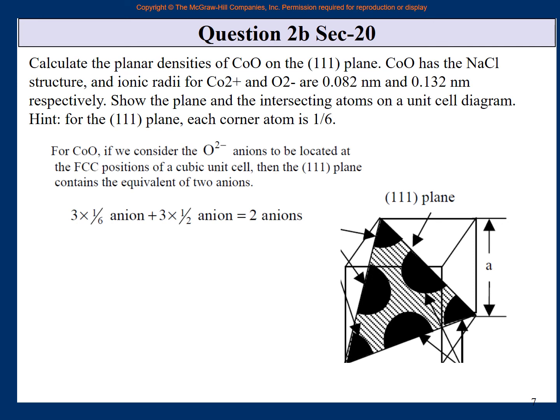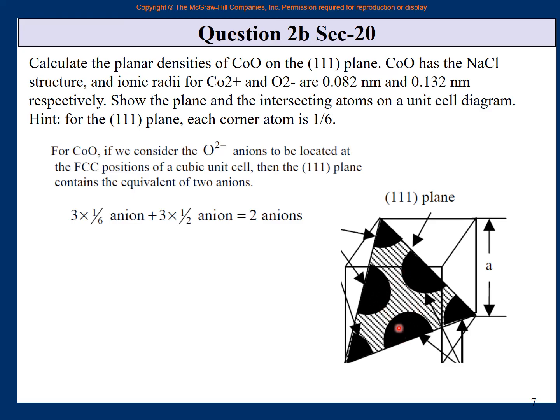So I have drawn this in general. This was exactly one of the examples in the class also. So this is the 1, 1, 1 plane, and on this plane, the atoms that it is intersecting are these corner atoms and these middle atoms.